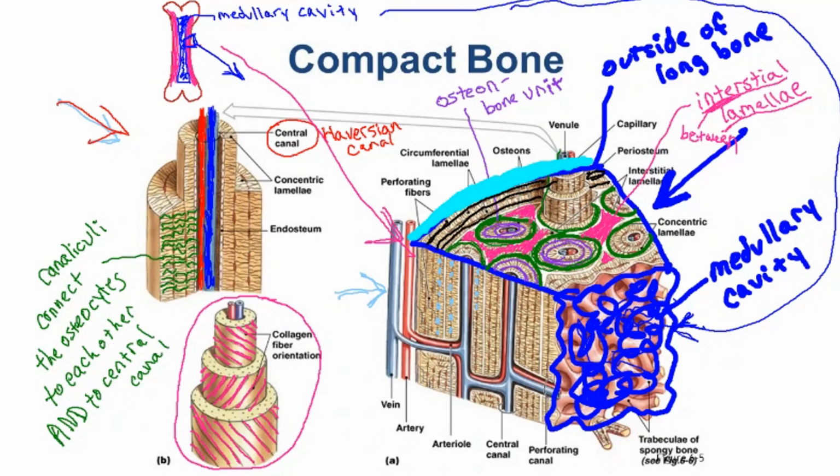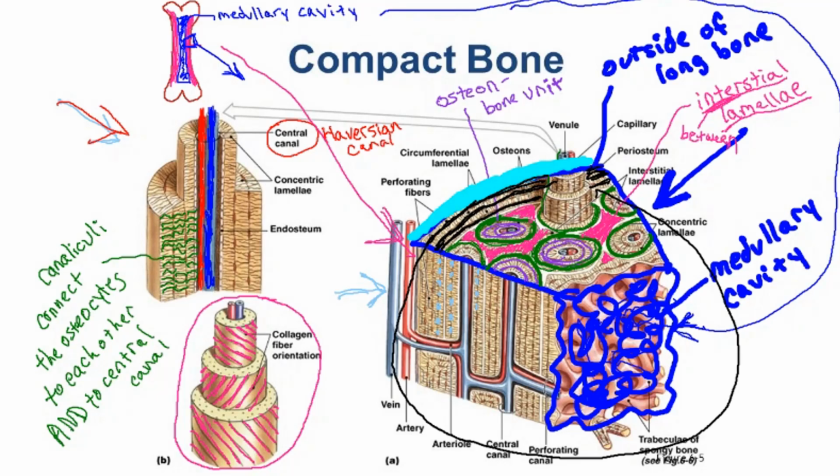So the actual outermost layer of a compact bone are just flat layers of lamellae that go around the entire bone. So these would keep going and go around the entire circumference of a bone.